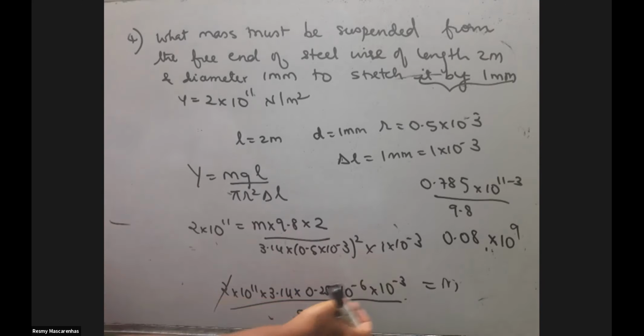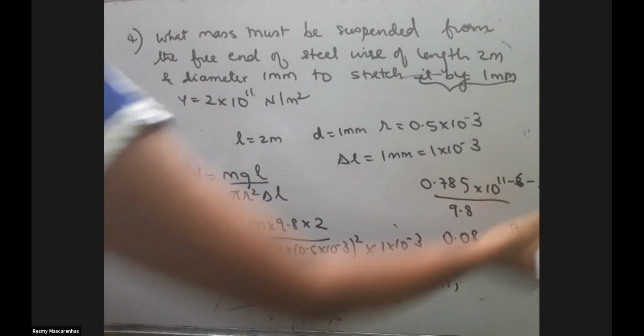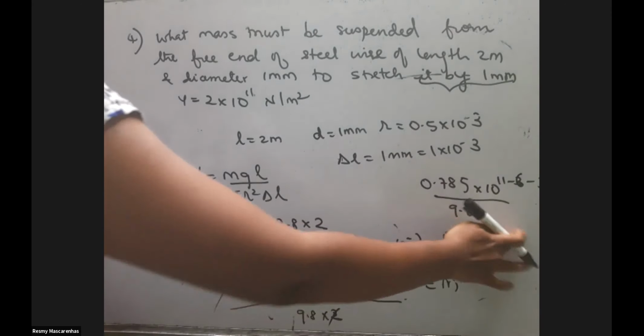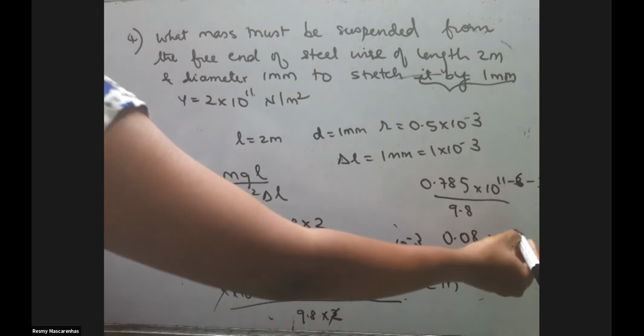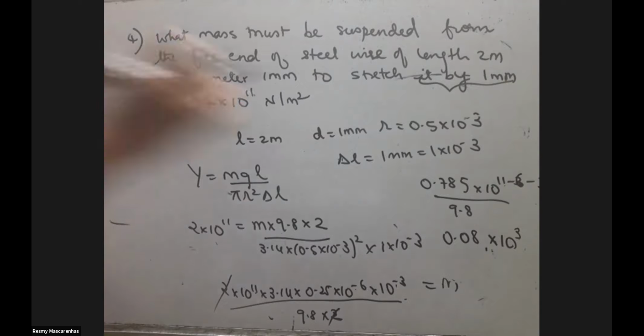I forgot this. Minus 3. This is there. 1, 2, and 3. It will be 2 now.